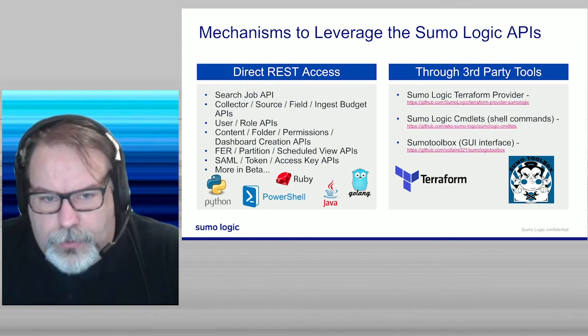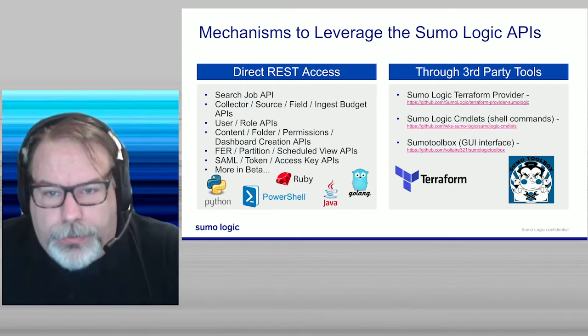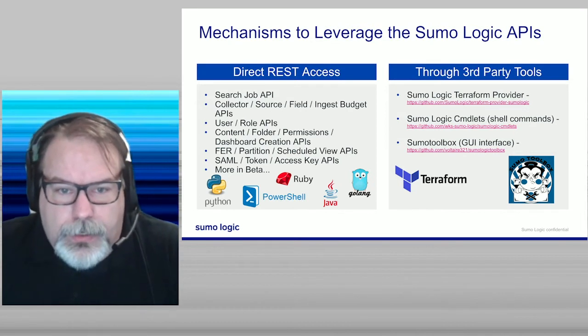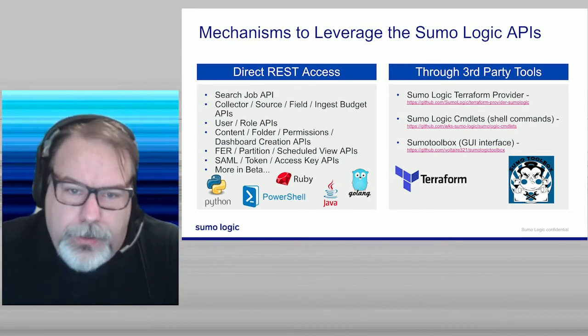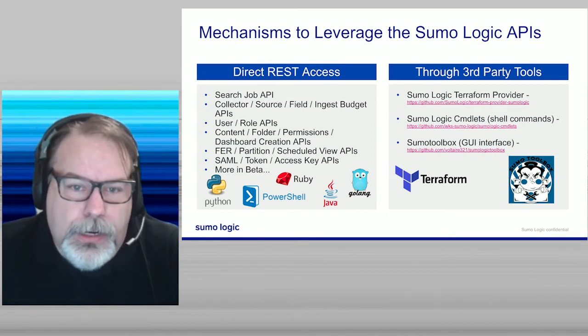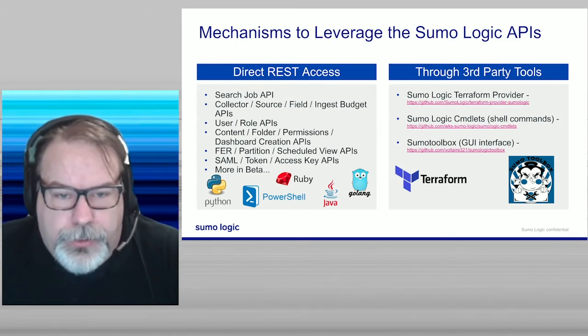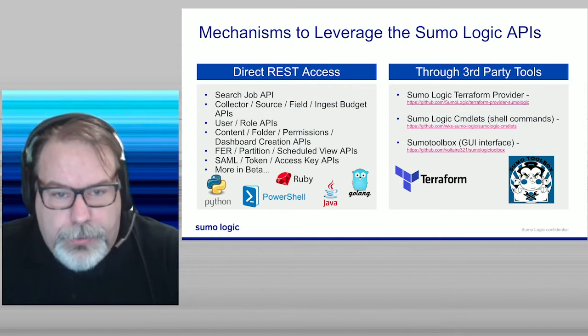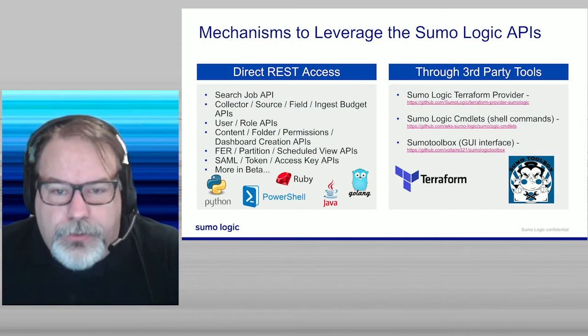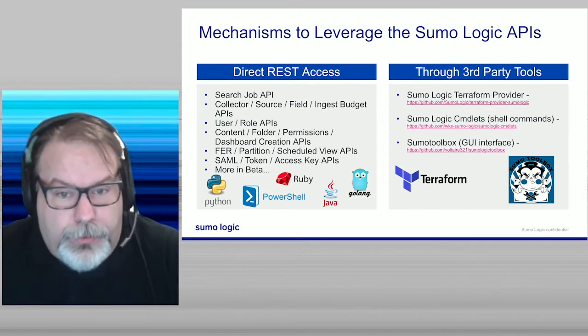So this is where you're actually calling the REST API directly over HTTPS. And so there's a variety of APIs available for you to access through REST. There's a search job API, which you can use to actually run Sumo Logic searches. There are collector and source APIs for configuring collectors and sources. We're going to be doing a lot of that today.